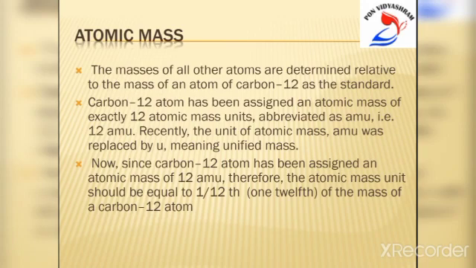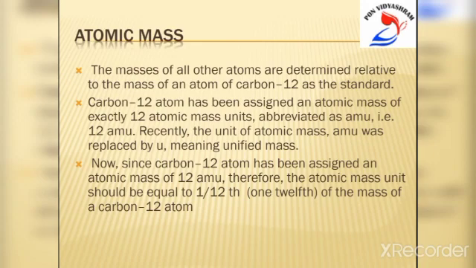Masses of all other elements are determined by comparing the mass of their atom with the mass of the carbon-12 atom. The atomic mass of an element is the relative mass of its atom as compared with the mass of the carbon-12 atom taken as 12 units. The atomic mass of an element indicates the number of times one atom of the element is heavier than 1/12 of the carbon-12 atom.